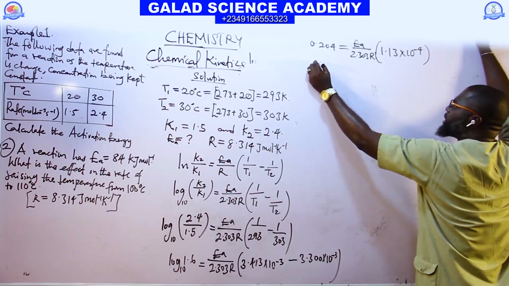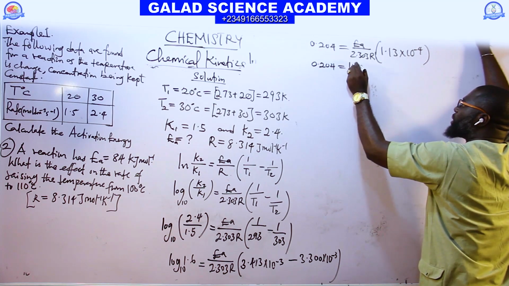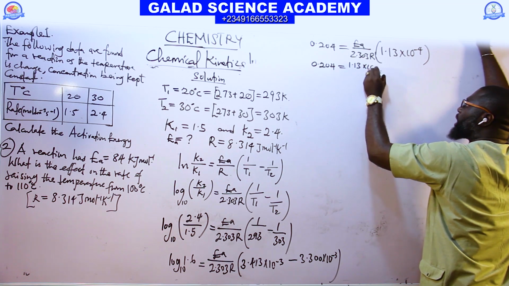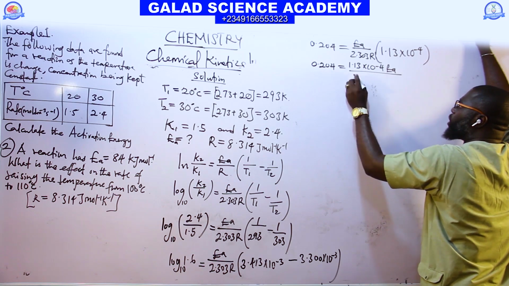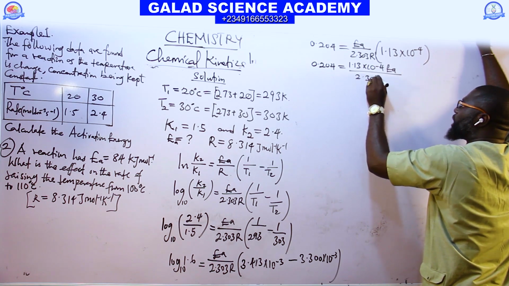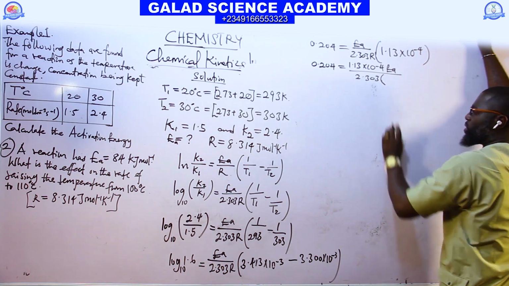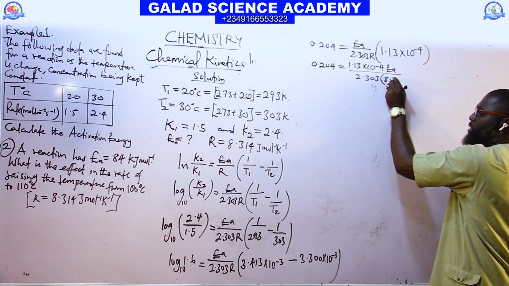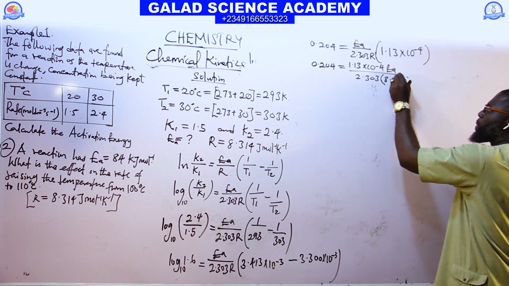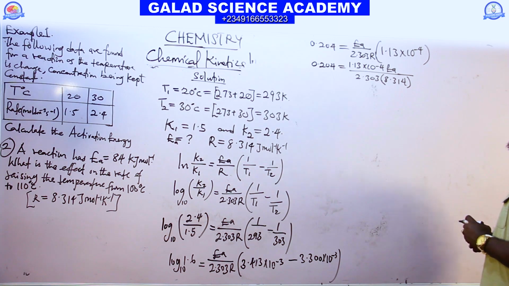We will now have 0.204 equal to 1.13 times 10 raised to power minus 4 times Ea over 2.303 R. But don't forget, R is 8.314. So we substitute for R as 8.314.